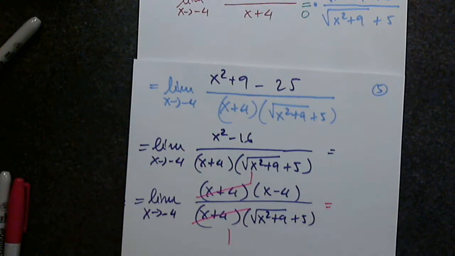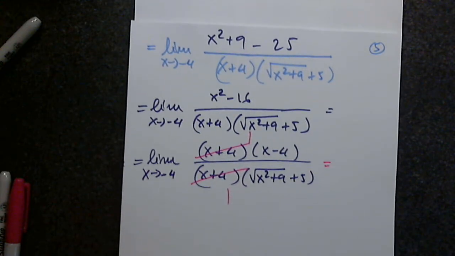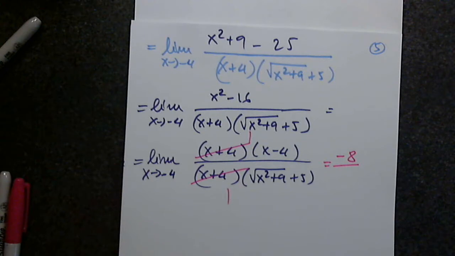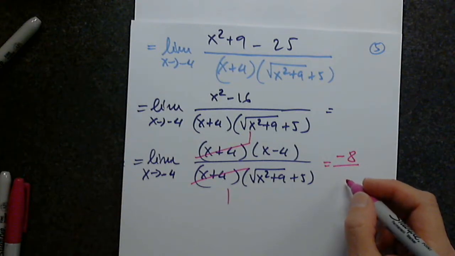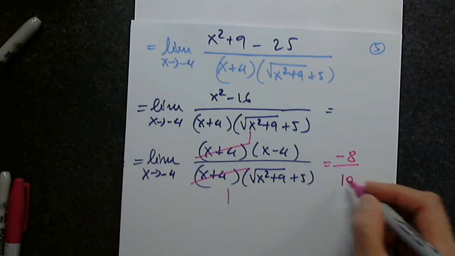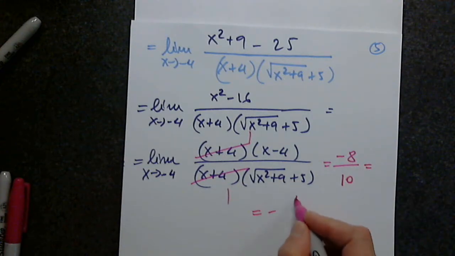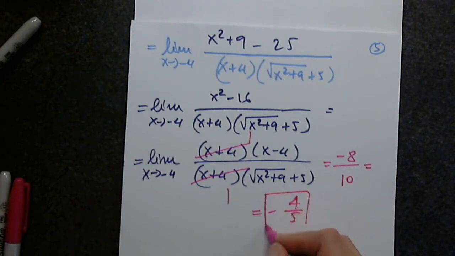And now we give it another shot. The top goes to. The bottom goes to. Excellent. I will simplify top and bottom by 2, and I get this.